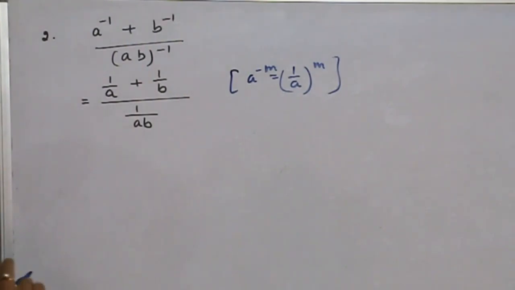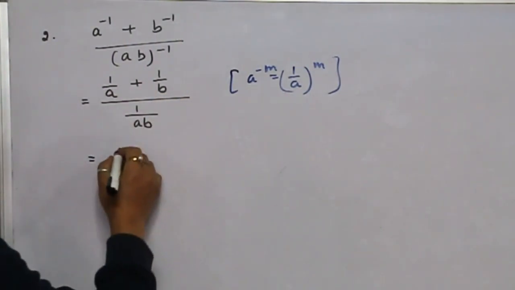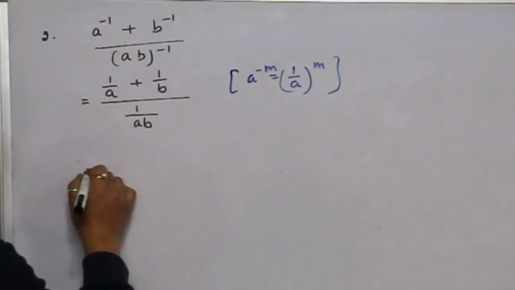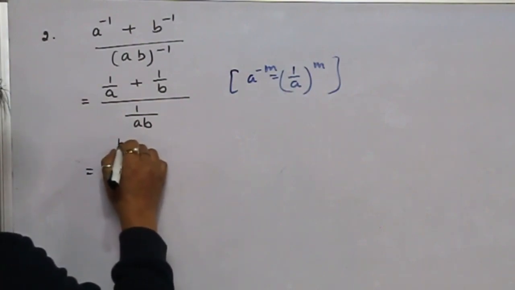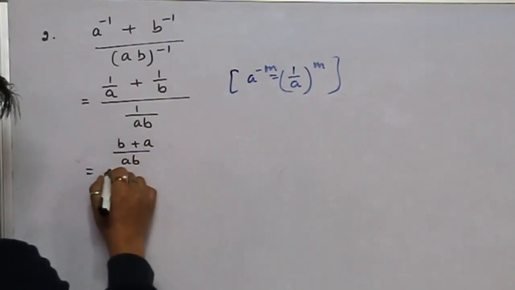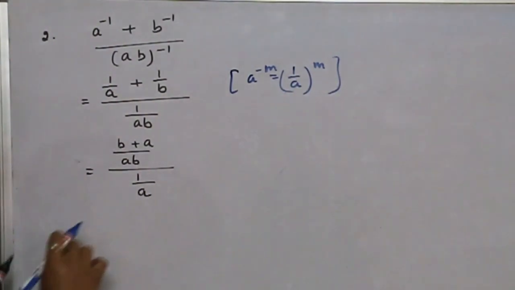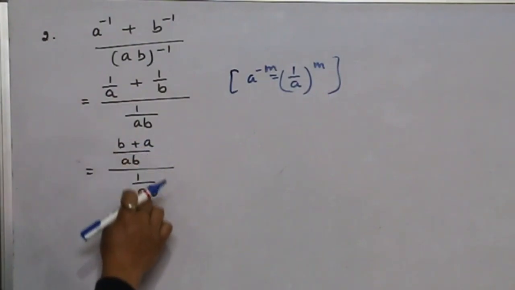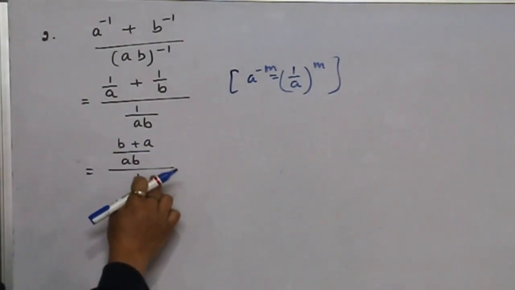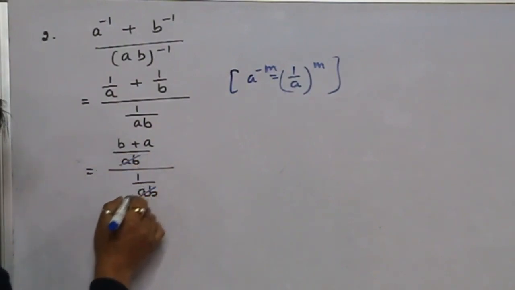Clear? So this is equal to, you take the LCM of these two. LCM of these two will be how much? ab, so b plus a, whole divided by 1 by ab. If you see here, the numerator has a denominator, and the denominator has a denominator, which is the same. We can cancel this.